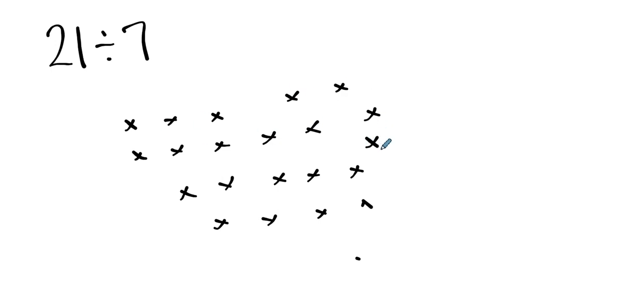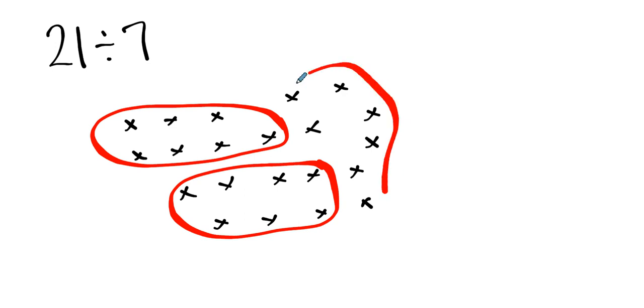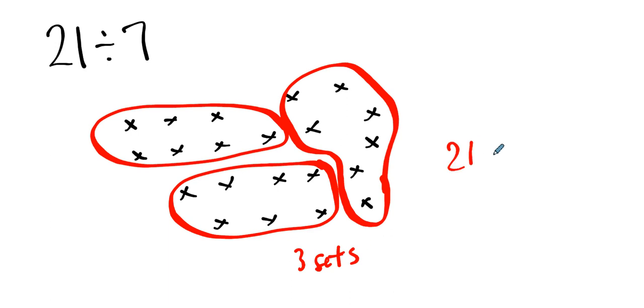Nope, that's definitely 12. That's 21. 21 objects. Wonderful. And so we make, here's a set of 7, and here's a set of 7, and here's a set of 7. There are 3 sets, so 21 divided by 7 is 3. We've got that idea going on.